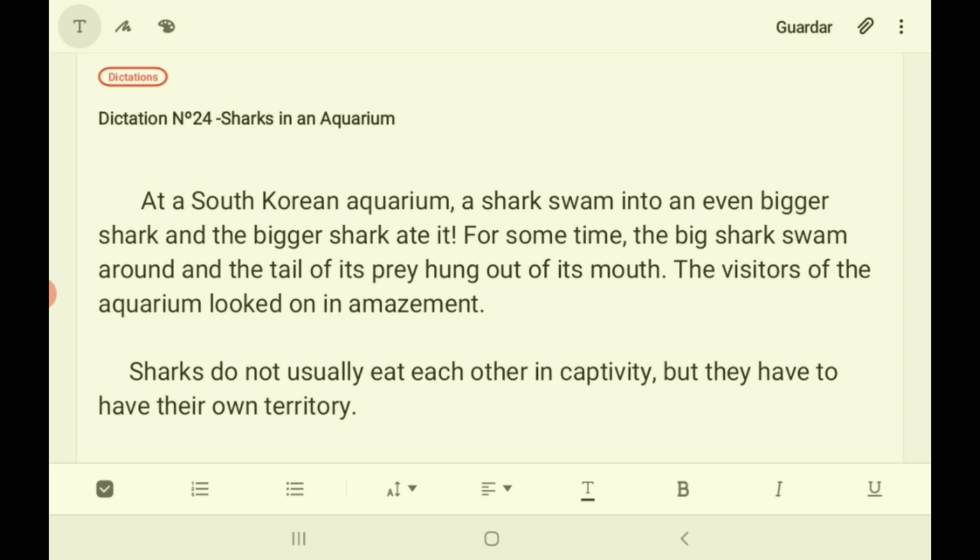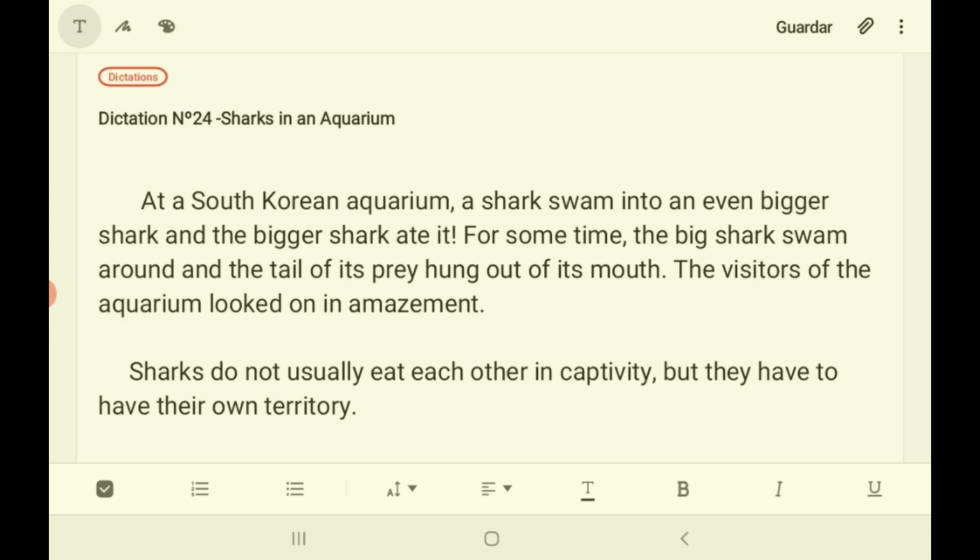At a South Korean aquarium, a shark swam into an even bigger shark, and the bigger shark ate it.